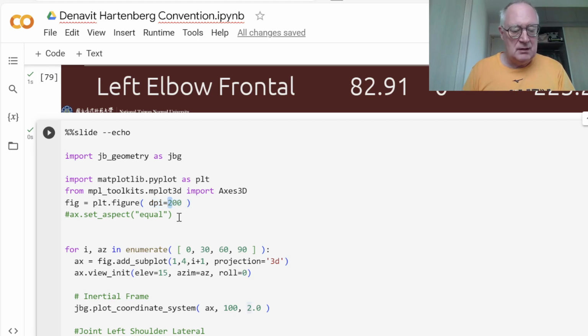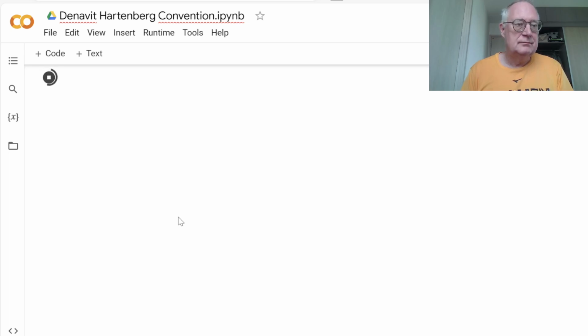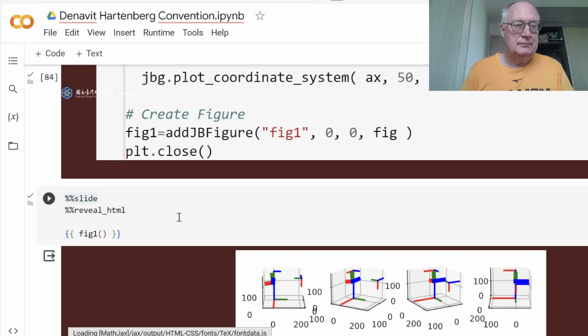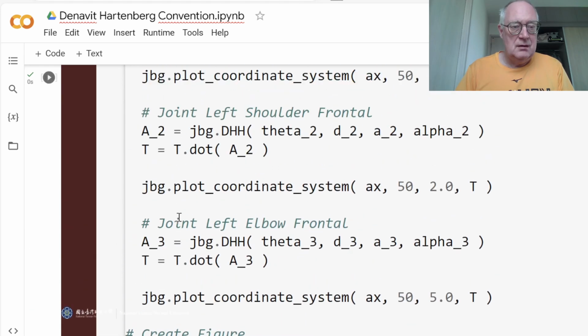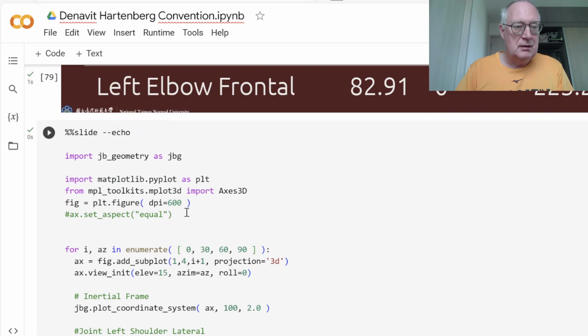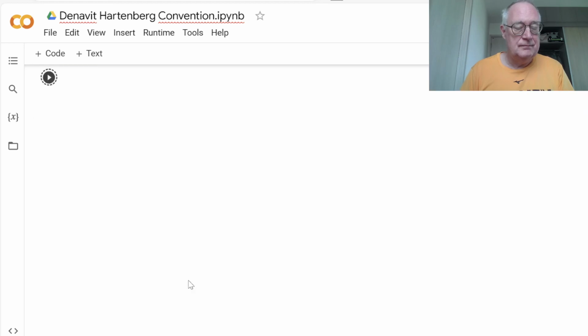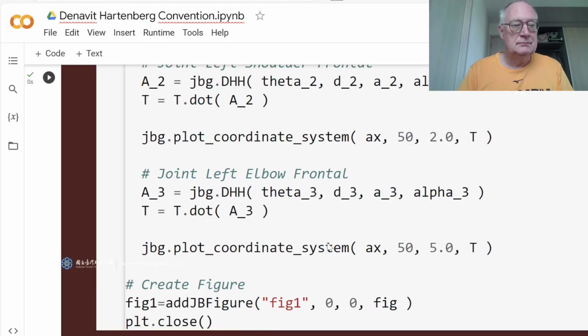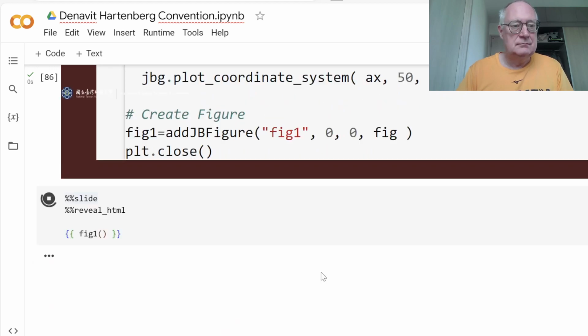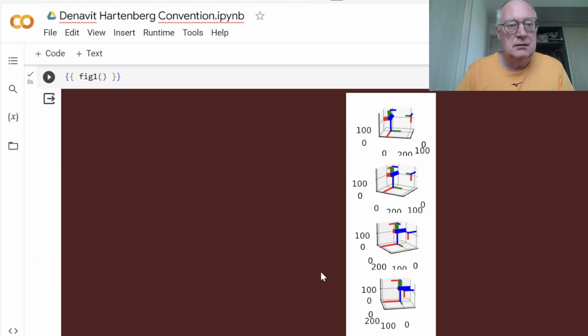Okay, let's see if I can make it higher. It just doesn't scale that correctly. Let's take 10 degrees here. And 80 degrees here. And let's do it this way then. It's still too small.